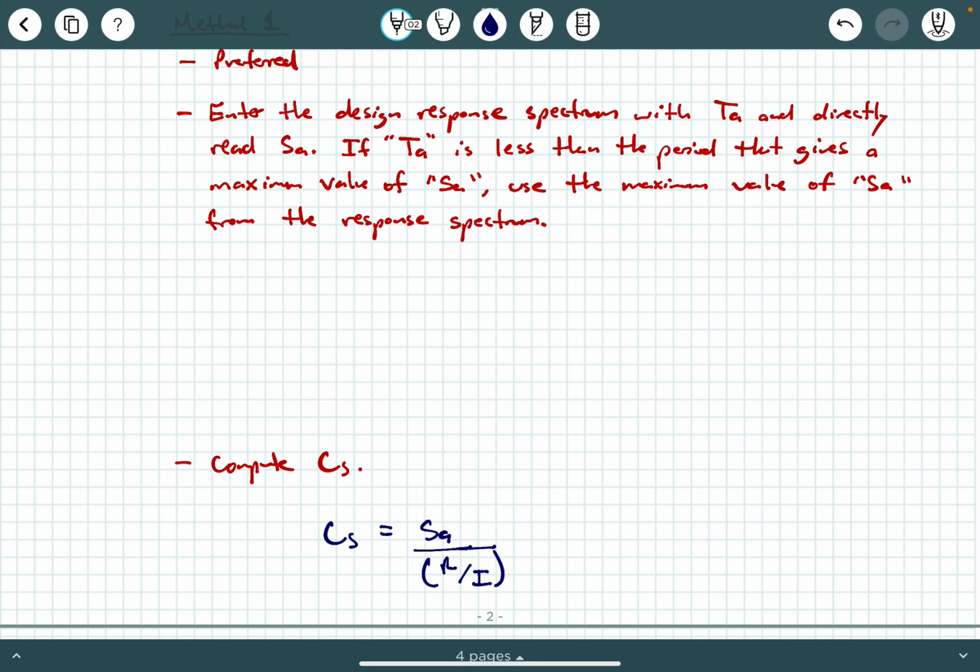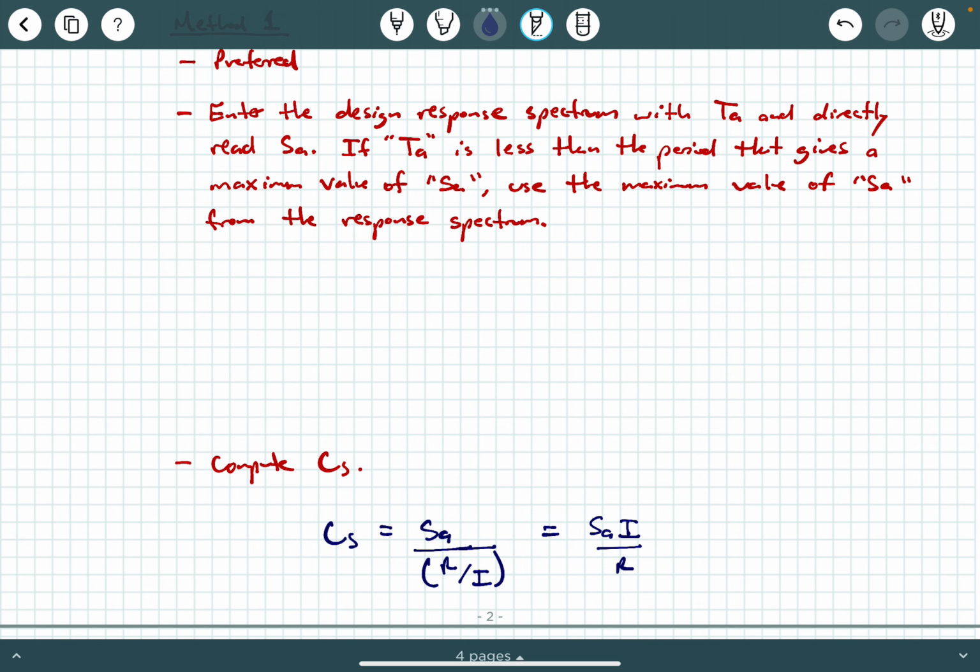You might be wondering, can we just write this as SA times I over R, because you have a fraction in the denominator of another fraction? Sure, mathematically this is fine. The reason ASCE 7 writes it this way is because you're taking a structural system that has a response modification factor R, and you are adjusting R based on how important the structure is, i.e., its importance factor, which is based on its risk category.